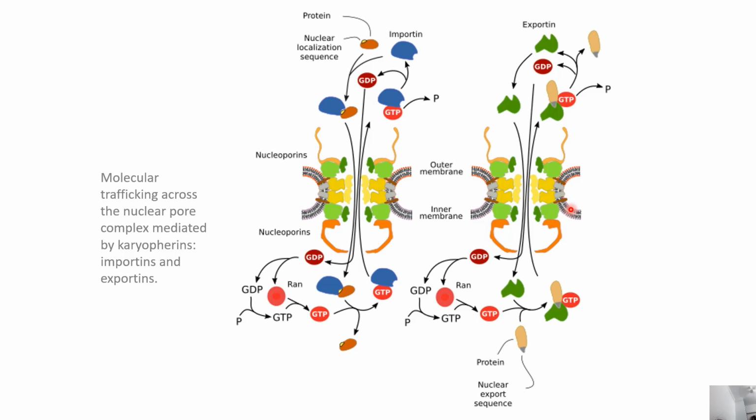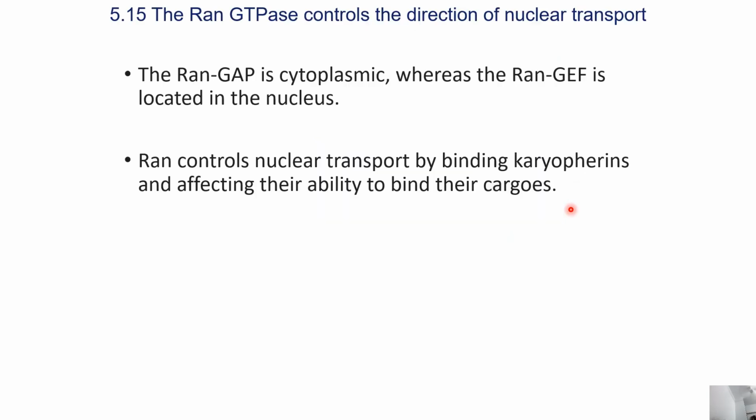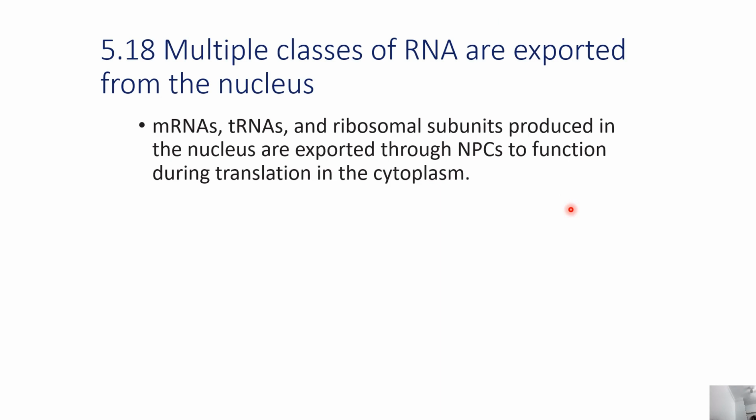This is molecular trafficking across the nuclear pore complex mediated by karyopherins, importins and exportins. So RanGAP is cytoplasmic, whereas RanGEF is located in the nucleus, and Ran controls nuclear transport by binding karyopherins and affecting the stability of their cargo binding.